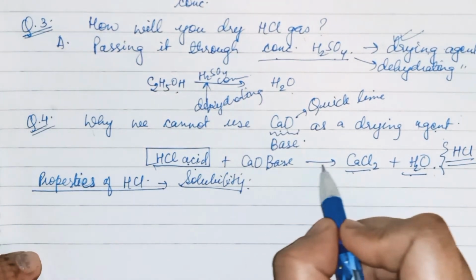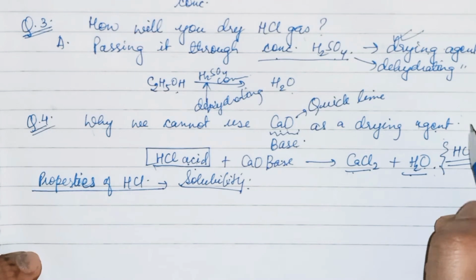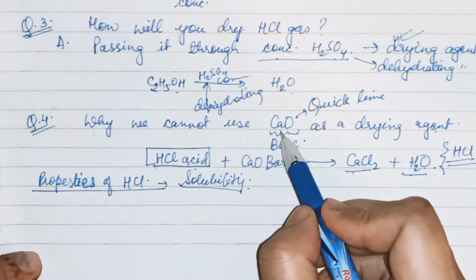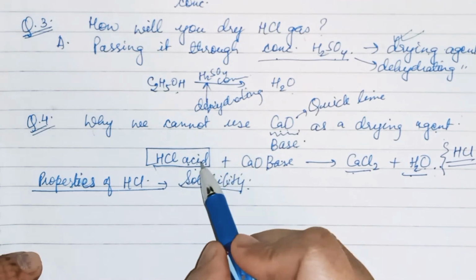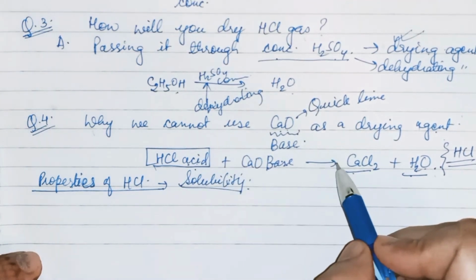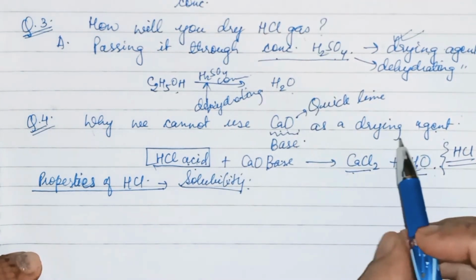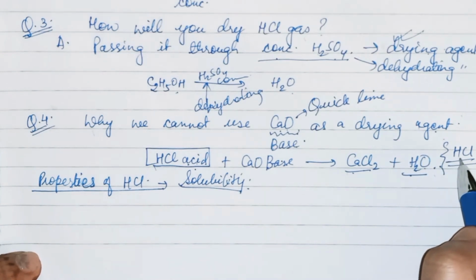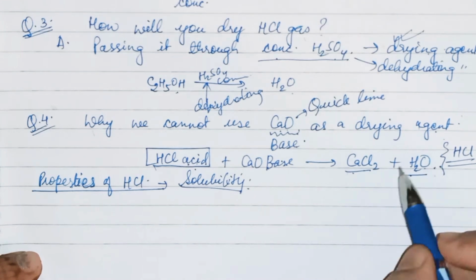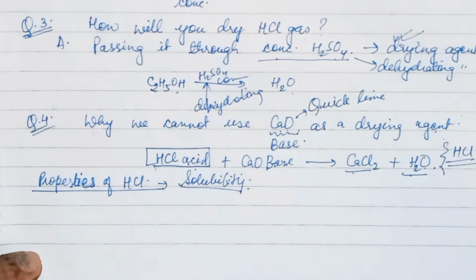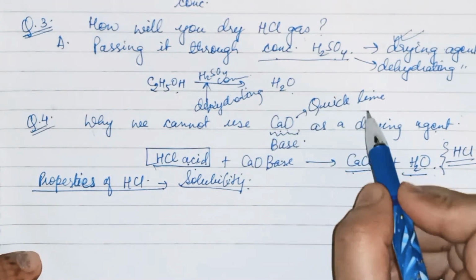No HCl is present in the reaction. So CaO is a base and HCl is an acid. They both will start reacting and deviate from their path of drying the HCl gas, forming calcium chloride and water. That is totally different, and we don't need these things when we are drying HCl. So that's why CaO is not used.